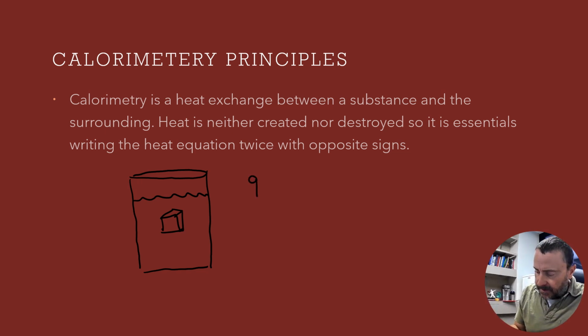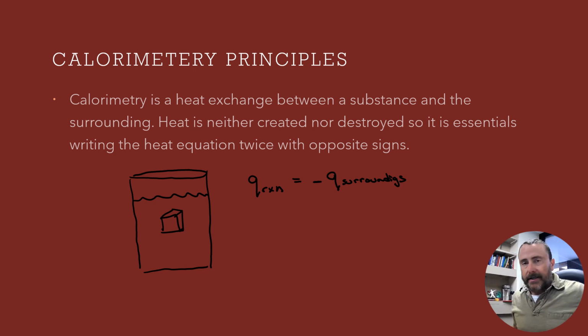The heat, or our Q, for the reaction has to equal the same magnitude of heat for the surroundings, but they're going to have opposite signs. Now this isn't really telling us which one has heat entering or exiting yet. We can solve for that in a little bit, but they just have to have the exact same size of their values, but the signs are opposite from each other.